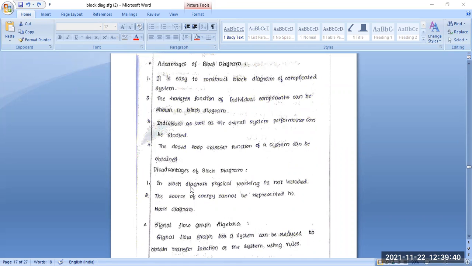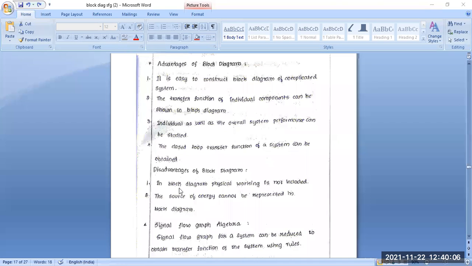And there are a few disadvantages of the block diagram. First one, the physical working of the system is not included. That means when you consider the different types of looping systems, that is closed loop and open loop systems, you cannot apply the physical working in the block diagram reduction technique. Last one, the source of energy cannot be represented by the block diagram.